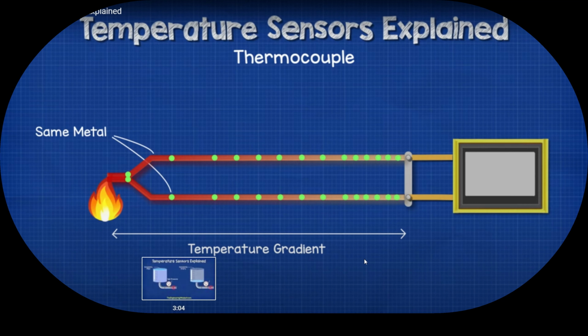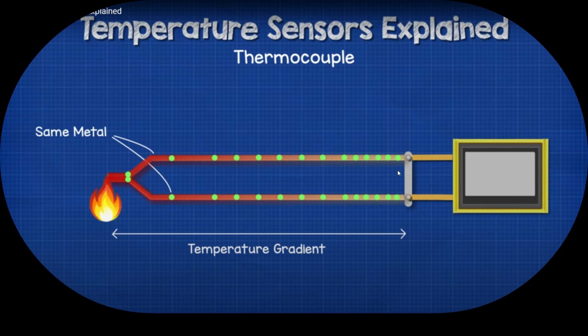So in the end, the difference in the electrons will be 0. The numbers are the same, so the difference between them is 0, and in the end it will give me 0 millivolts. No voltage here, even though a current has moved. So we are missing the idea of the Peltier and Seebeck effects here.